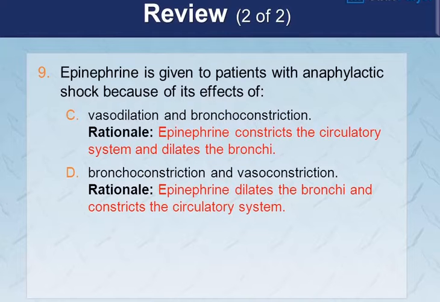Epinephrine is given to patients with anaphylactic shock because of its effects of vasodilation and bronchoconstriction. Rationale: epinephrine constricts the circulatory system and dilates the bronchi. Bronchoconstriction and vasoconstriction. Rationale: epinephrine dilates the bronchi and constricts the circulatory system.